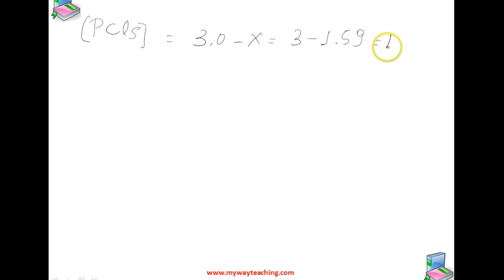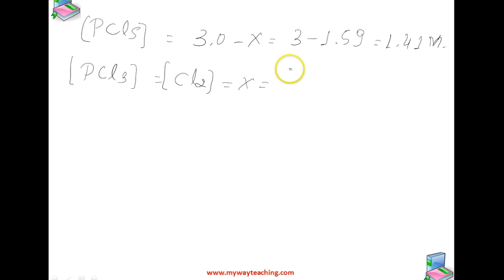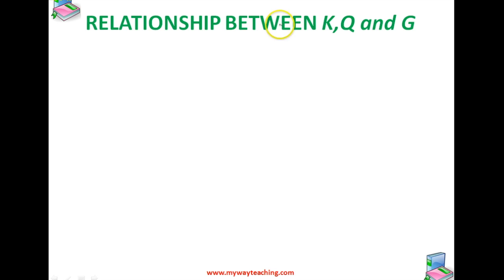You are getting 1.41 mole, and then PCl3 is equal to Cl2 is equal to x is equal to 1.59 mole.